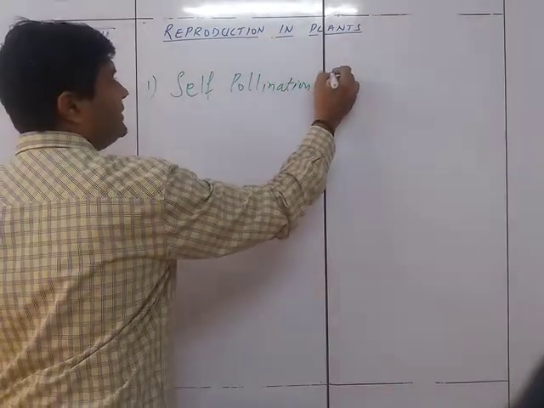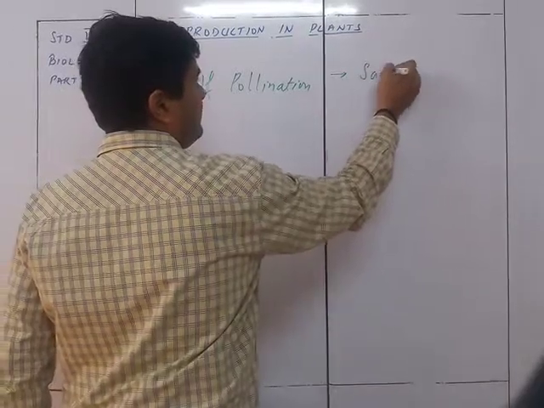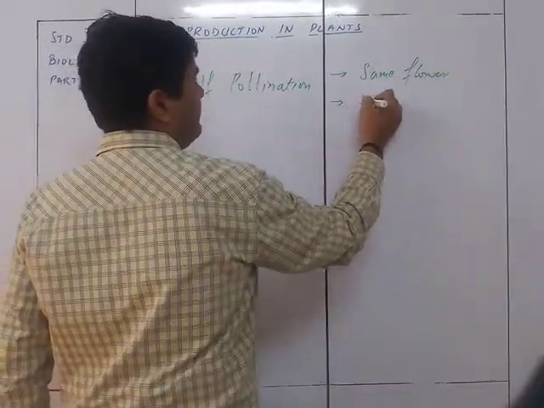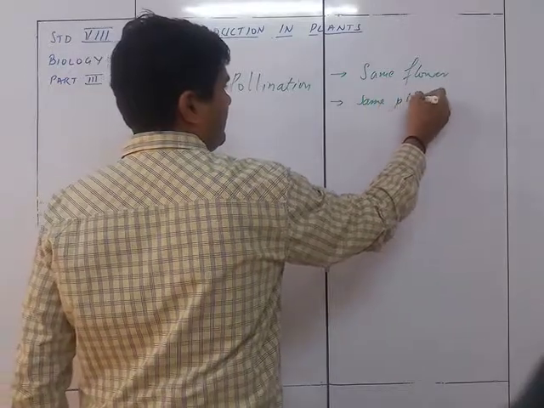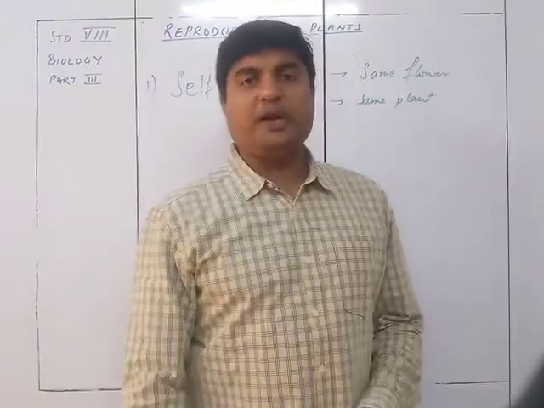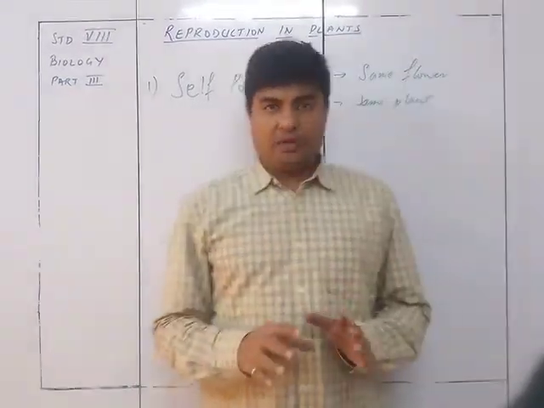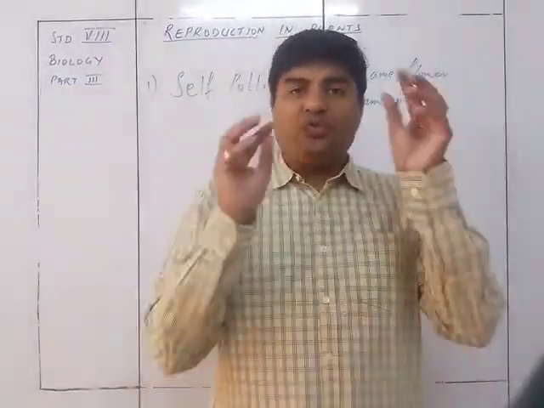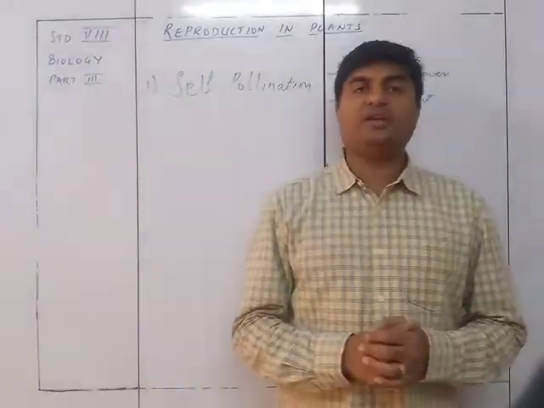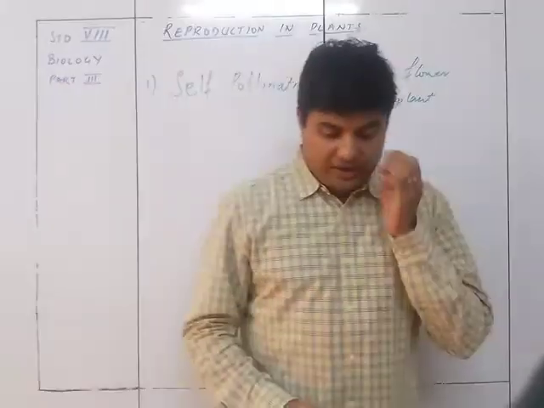Self-pollination takes place between the same flower or the same plant. So when pollination occurs between the same flower or between two flowers of the same plant, then such a kind of pollination is called self-pollination.